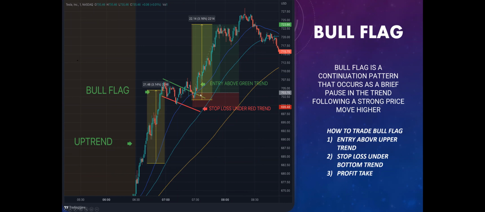Once we break, we should see a 3.14% move. So entry is above the upper trend, a break of the upper trend with volume. Stop loss is below the bottom trend, then the profit target should be the same move that we saw before we started forming the bull flag.